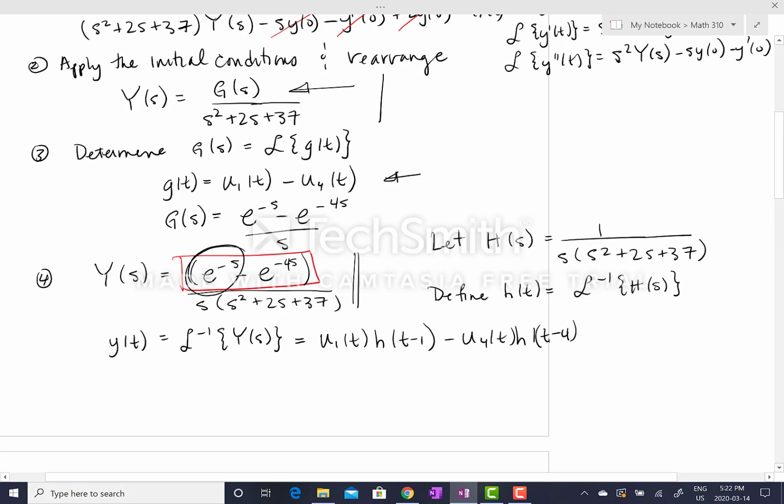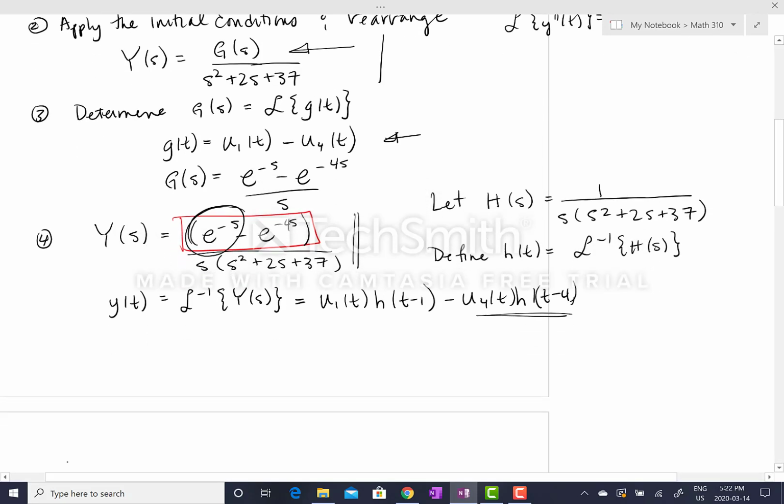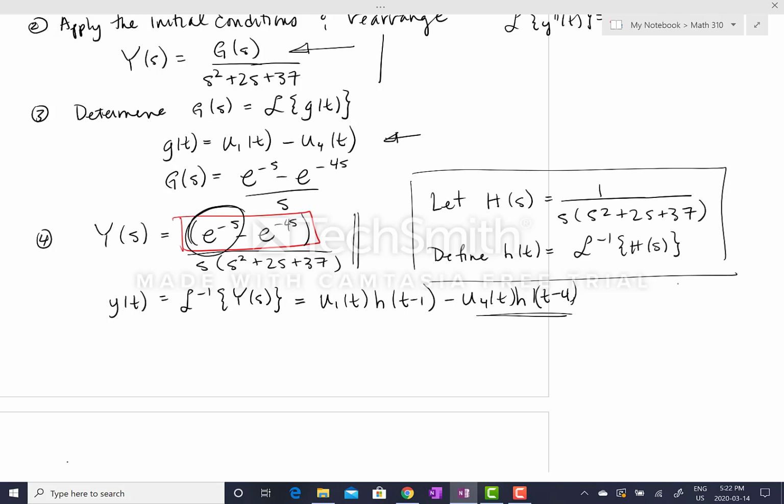So this is the backwards direction of what happens when we have a delayed forcing function, where the Laplace transform is the exponential times whatever Laplace transform we had. I'm separating out this h of s part, because I know that what the exponential does is cause a shift in the time domain. So let me clarify which formula that is on our formula table.